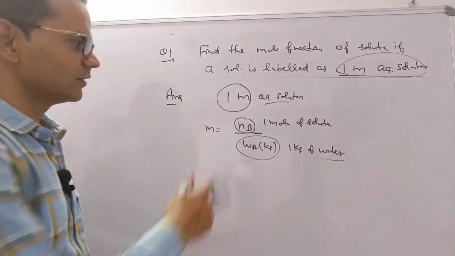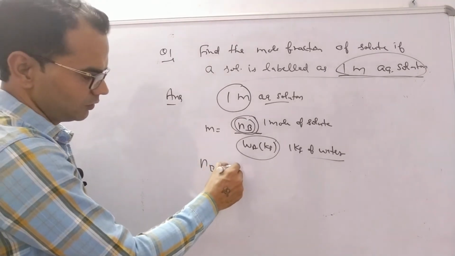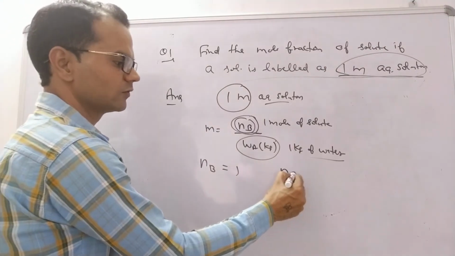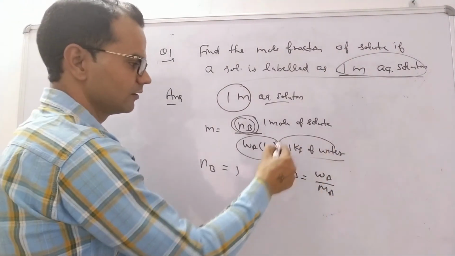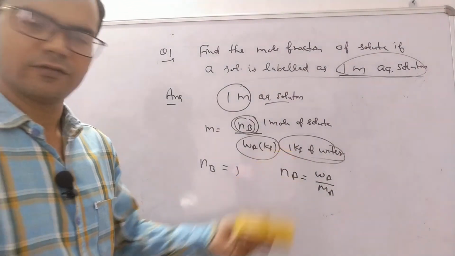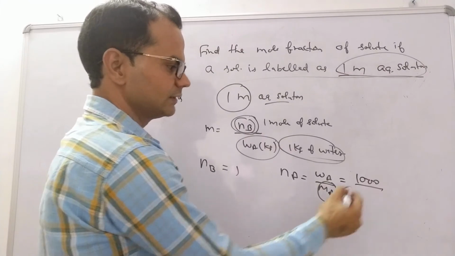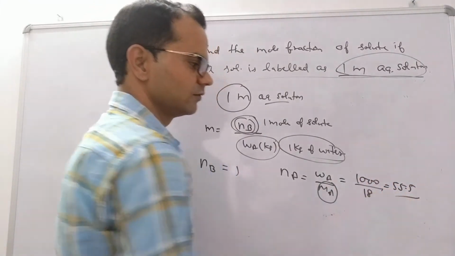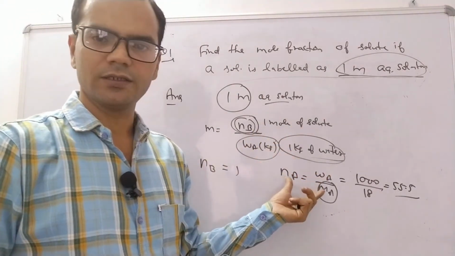So indirectly we got the number of moles of solute, Nb, is 1, but we have to find out the number of moles of solvent, Wa by Ma, and we have here 1 kg of water. 1 kg means 1000 gram. Molecular weight of water is 18. If we solve it, it is 55.5. Now we have Nb and we have Na.